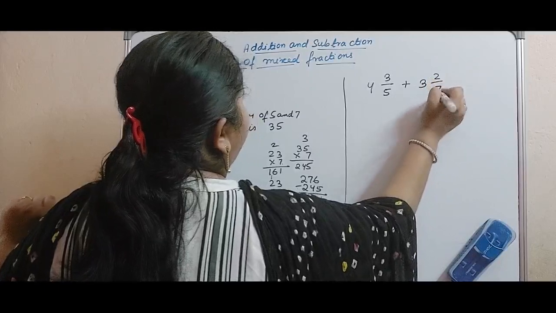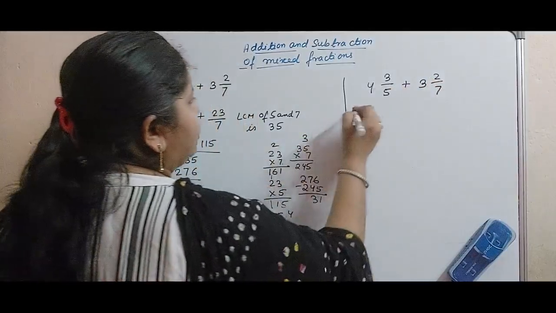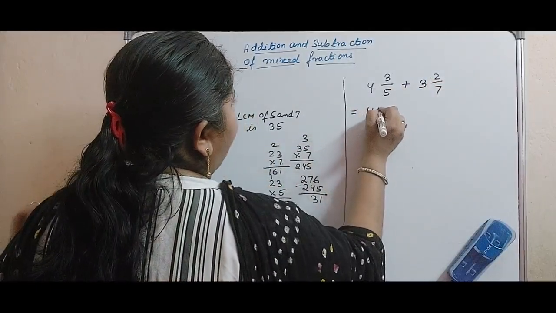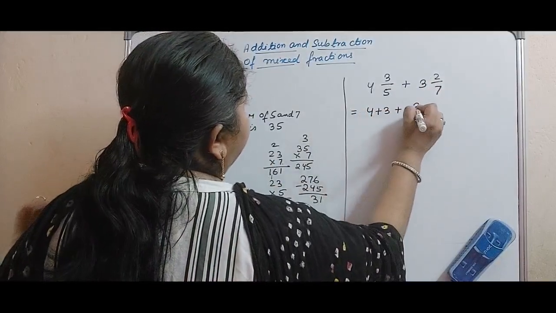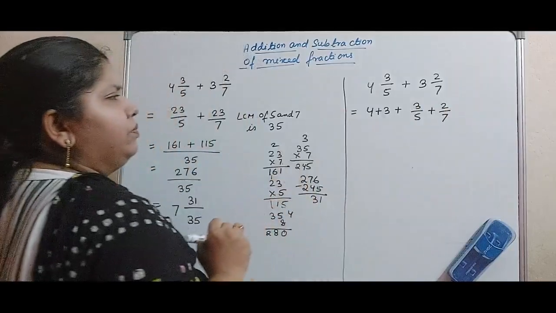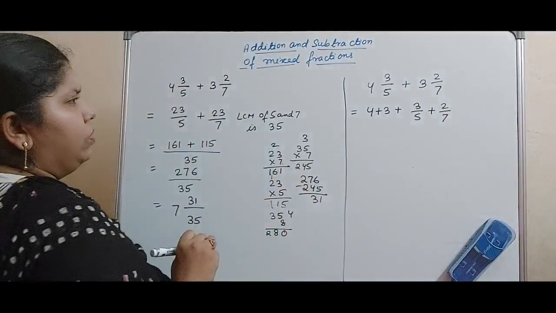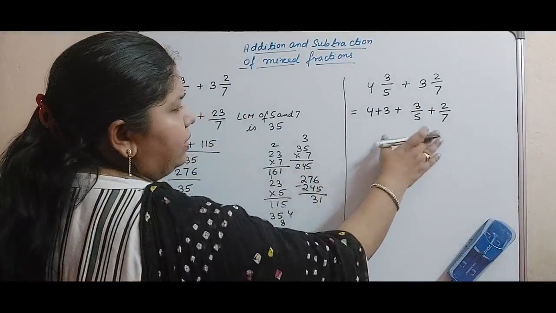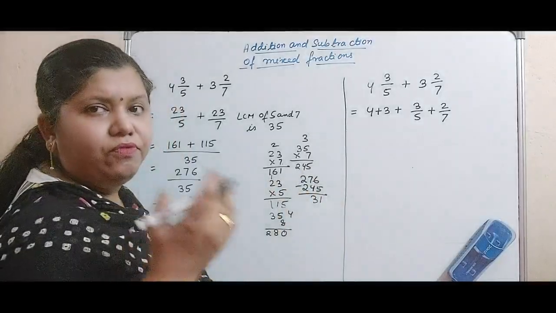So first of all we will add the whole number part. So this equals 4 plus 3 plus 3 by 5 plus 2 by 7. So after separating in this way, the work becomes faster.